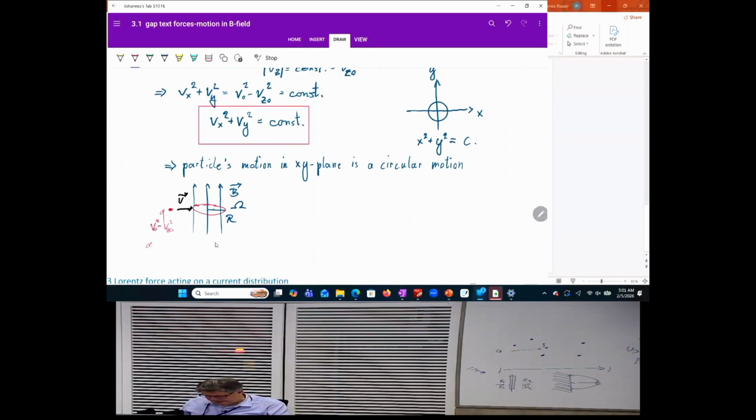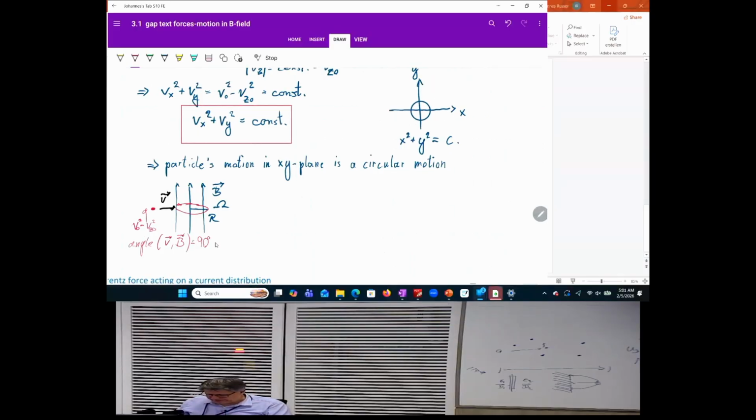If you look at the angle of that vector with the B field, it will be 90 degrees. And now you have this angular motion, and the particle will go in circles, and it has a frequency that it takes to circle around.